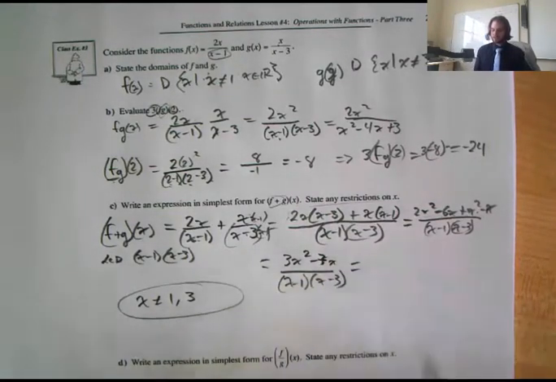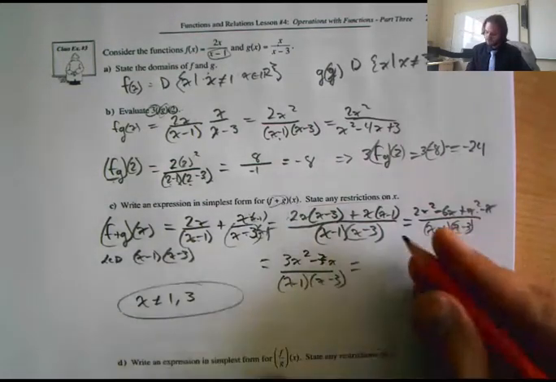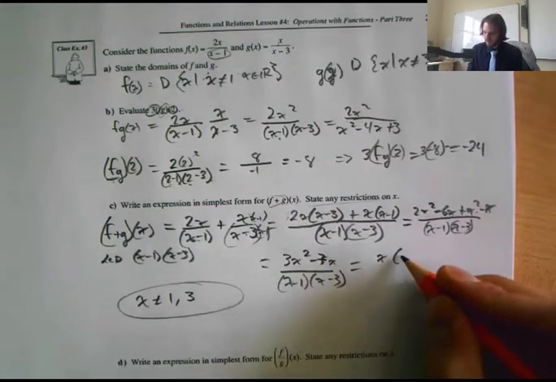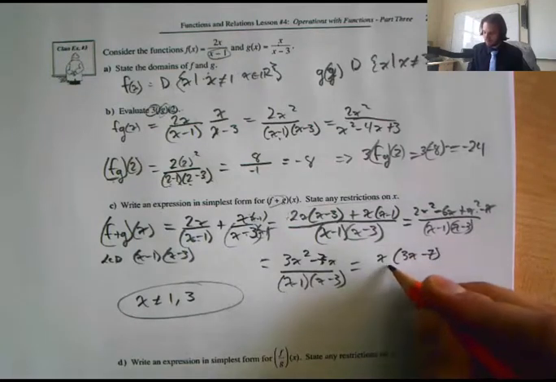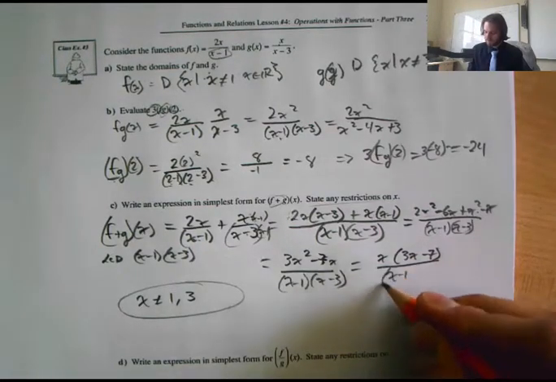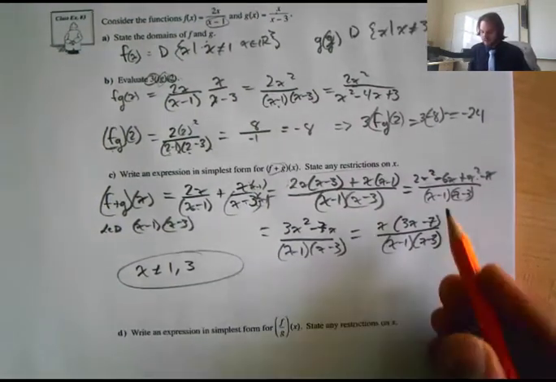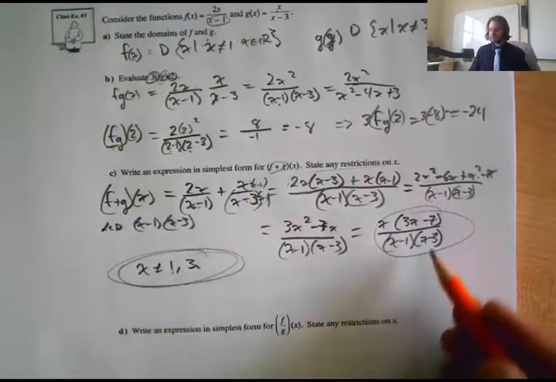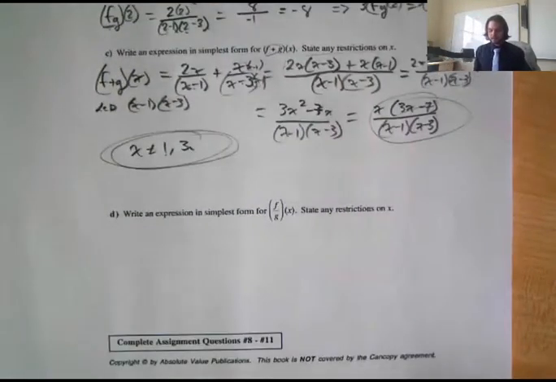I could even factor out an x, so what we could be left with is x times 3x subtract 7 all over x minus 1, x subtract 3. Now this is as simplified as we can get it, and my restrictions are x cannot equal 1 or 3. Nothing can cancel out, so we leave it as is. And that's it. Now let's take a look at the next one.